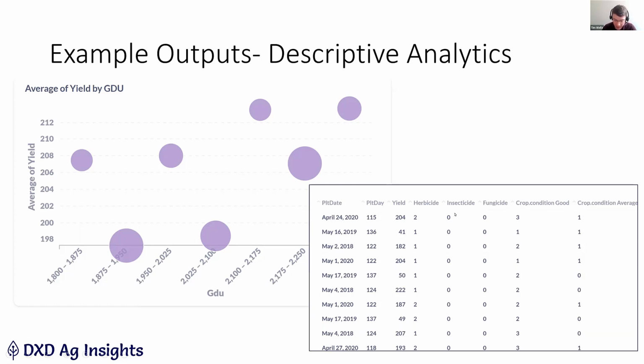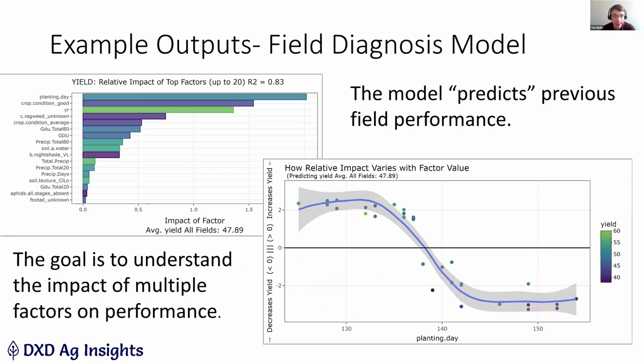So again, this is at the descriptive analytics level, where we're really just taking the data as it is and putting it in a way that you can look at it, get some value out of it, and interact with it.